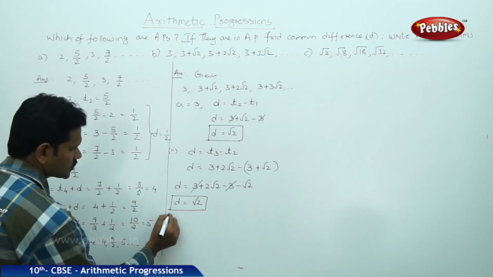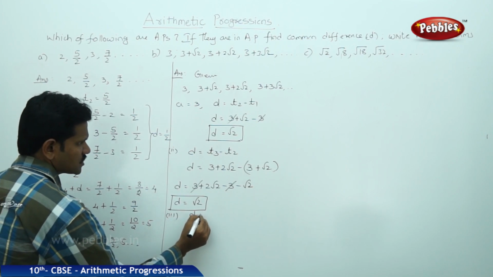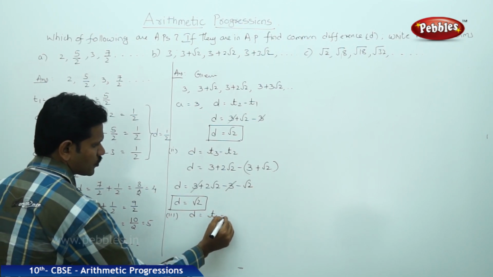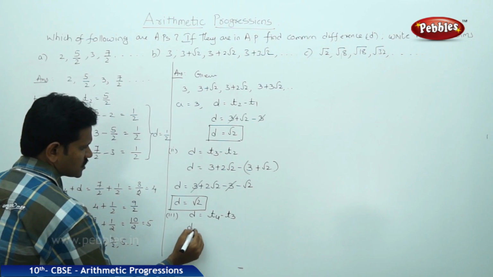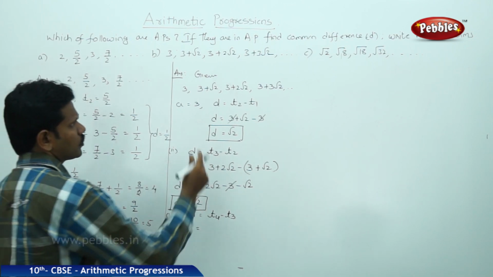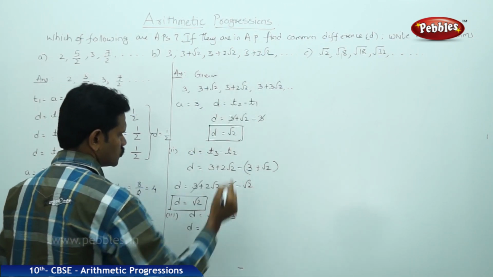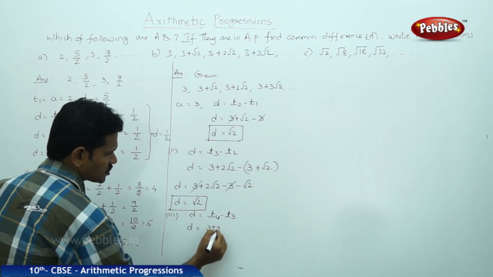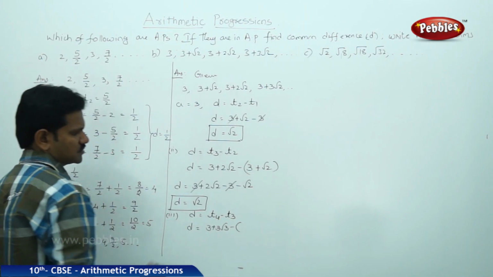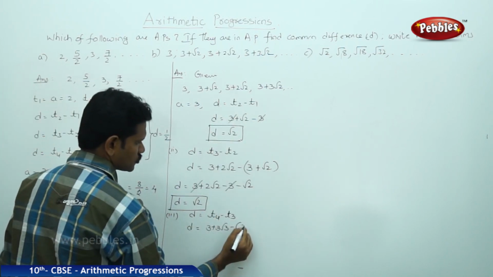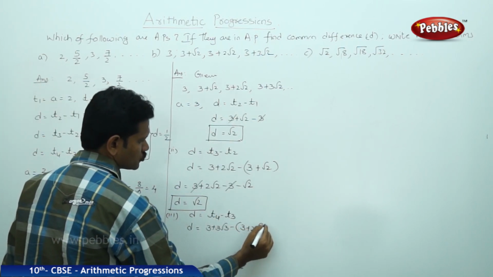Now we come to the third case, D is equal to T4 minus T3. That is, D is equal to, what is T4? 1, 2, 3, 4, the fourth term. 3 plus 3 root 3 minus, what is the T3 value? 3 plus 2 root 2.